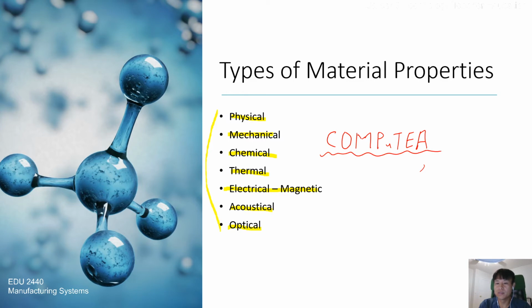You can memorize the 7 properties like this: computing, because it was computer, but forgot U and mistakenly put the A instead of R. So computing. C, chemical; O, optical; M, mechanical; P, physical; T, thermal; E, electronical; A, acoustical, right? So let's memorize this way: computing.